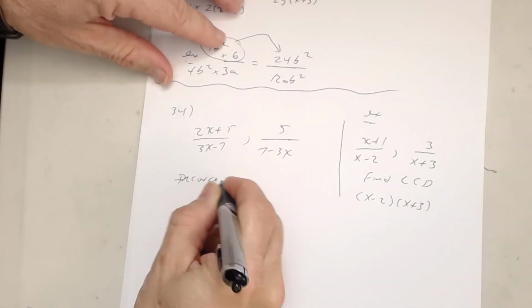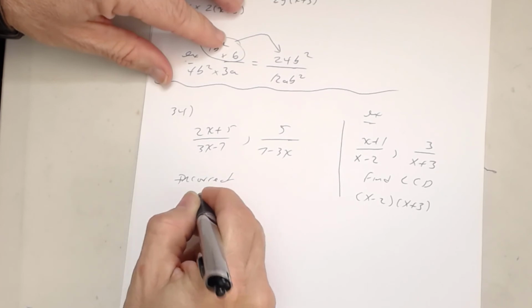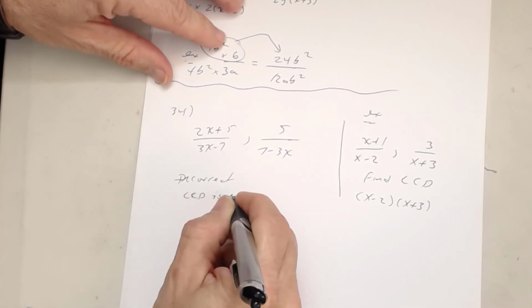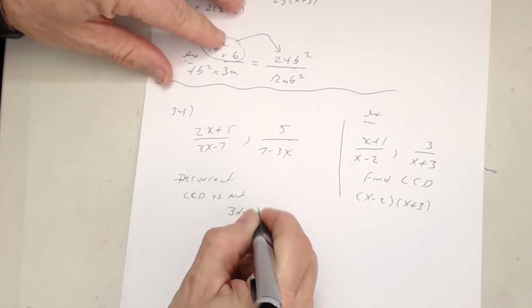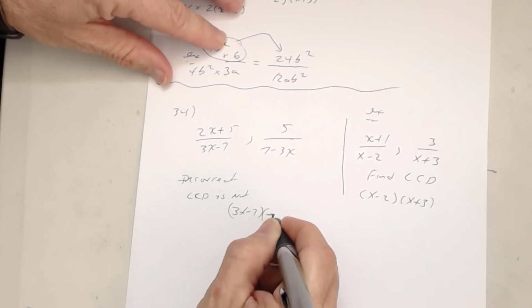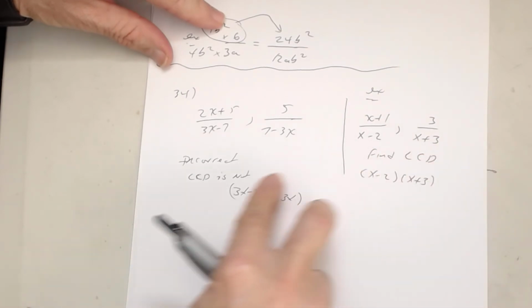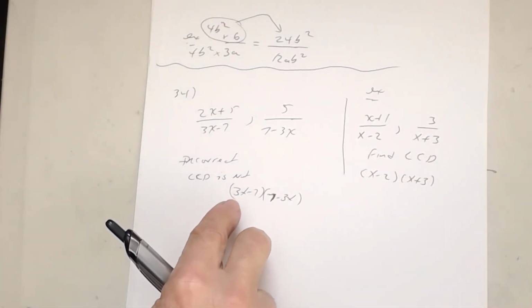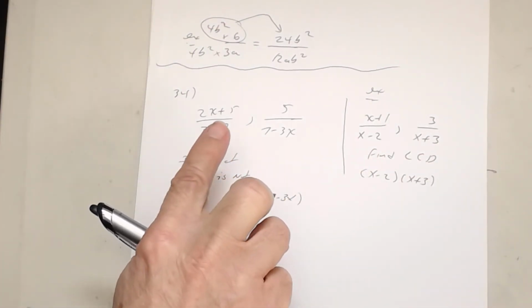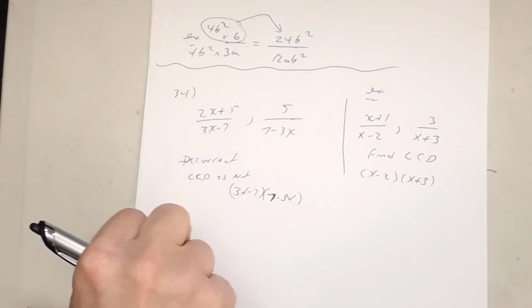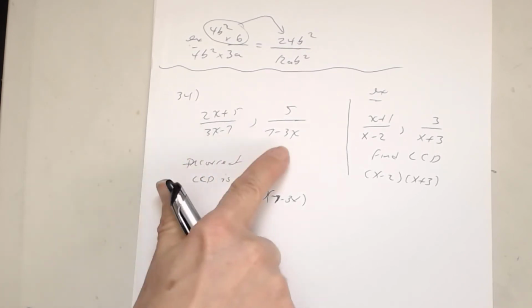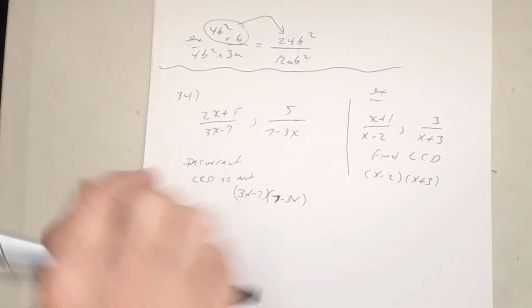Incorrect. LCD is not 3x minus 7 times 7 minus 3x. It's not like this one. And here's why. They're opposites. 3x minus 7 and 7 minus 3x are opposites.